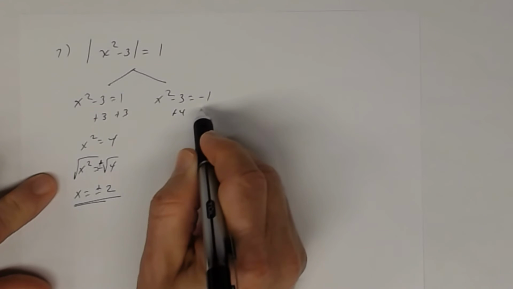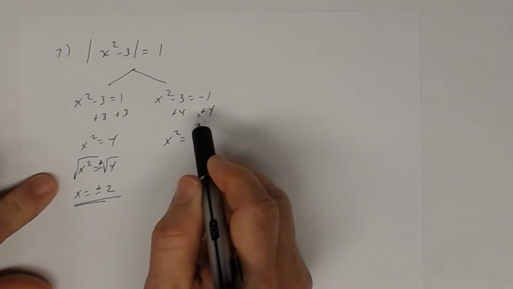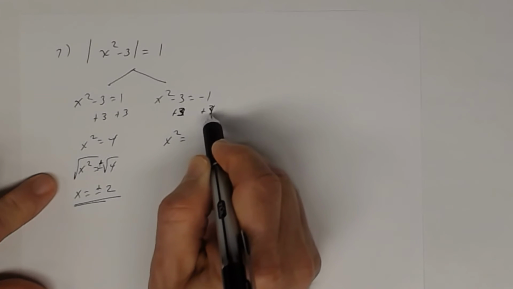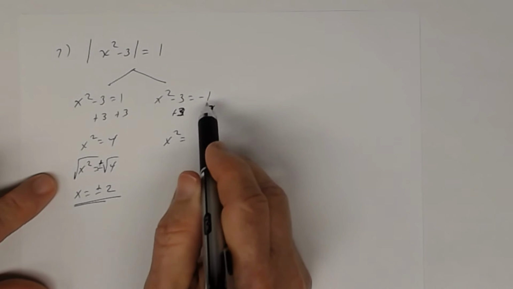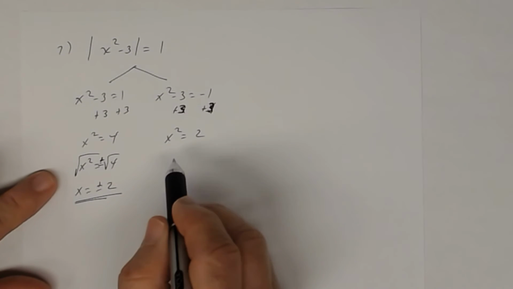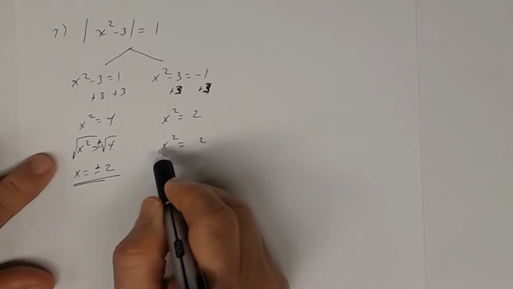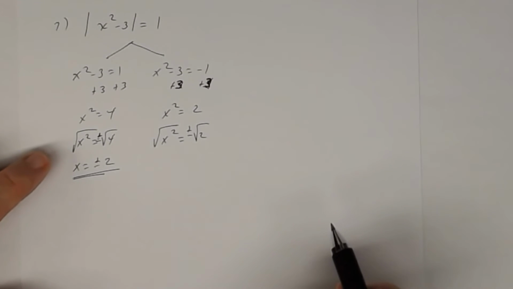So adding 4 to both sides, I get x squared to be, I'm sorry, I didn't mean 4. I meant 3, excuse me. Add 3 to both sides. I get x squared to be negative 1 plus 3 is 2. Then let me go ahead and rewrite this. To solve for x, we're going to use the square root property. I'm going to take the square root of both sides, plus or minus.